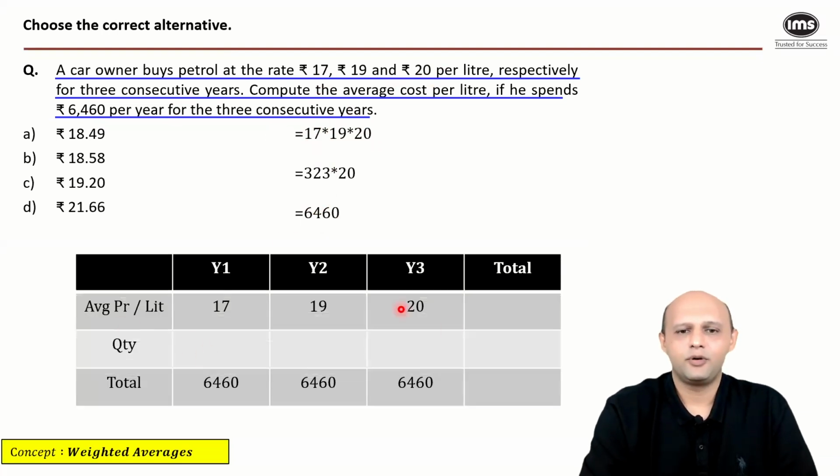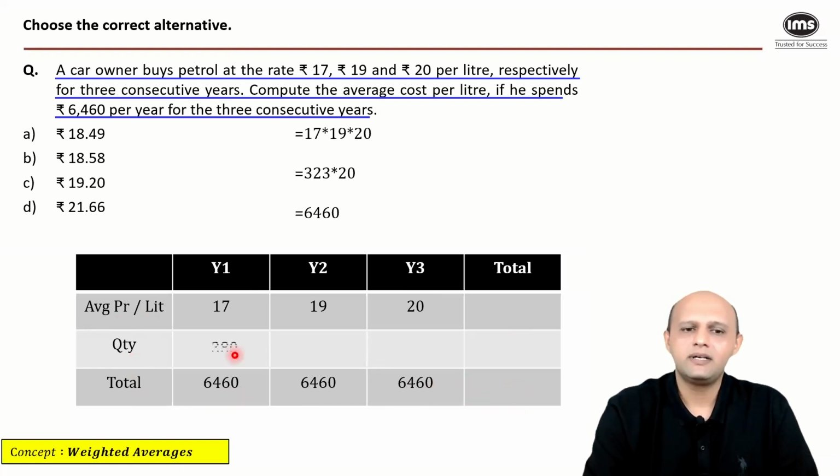Now, if you formulate this in terms of a table, year 1, year 2, year 3, average price per liter times the quantity, giving you the total. The total amount spent every year is going to be 6460, right? So what is the total that he spends? 6460 into 3, that is going to be 19,380.